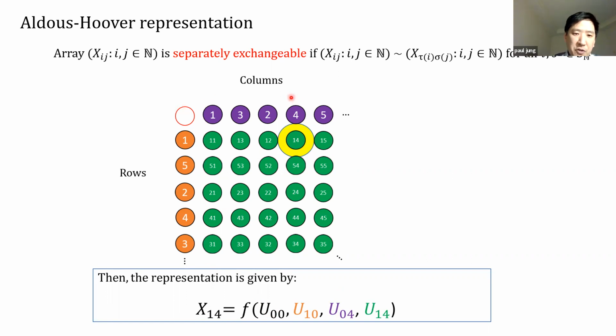You can think of this as the fourth row, so U04 would control this fourth row. What I mean by control is that it's the randomness that provides the random distribution of this row. And here, this is the randomness that provides the random distribution for this column and this row. And then this U00 can be used to provide the random distribution of these uniforms.